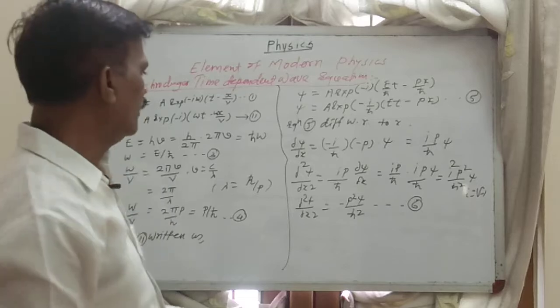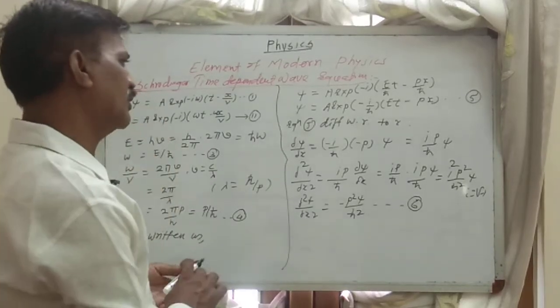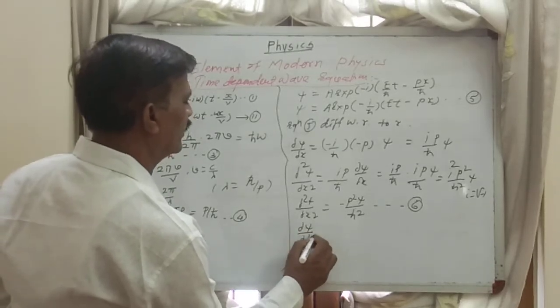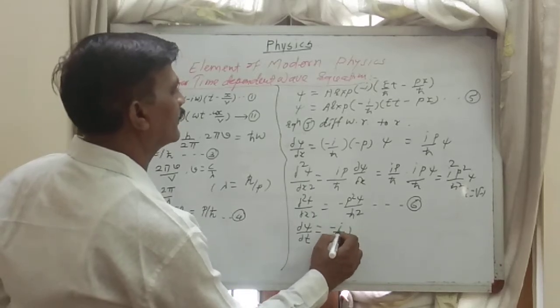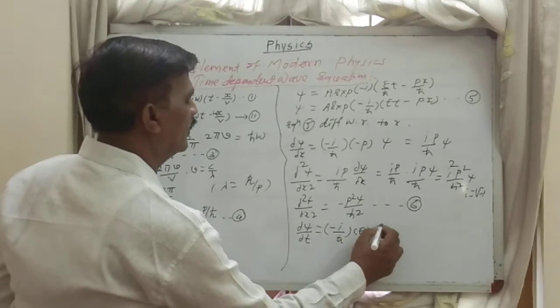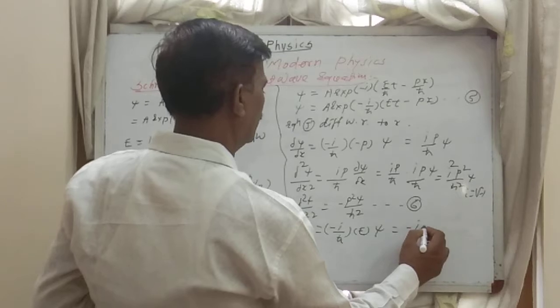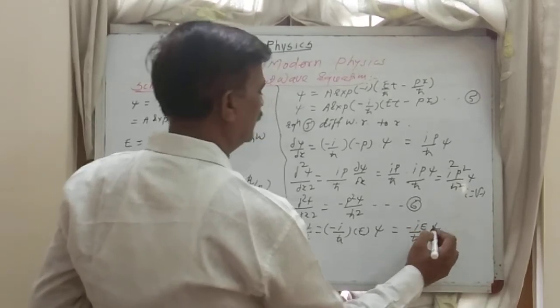Then again we differentiate equation 5 with respect to t. We get del psi by del t equals minus i by h cross times E psi, that is minus i E by h cross psi.